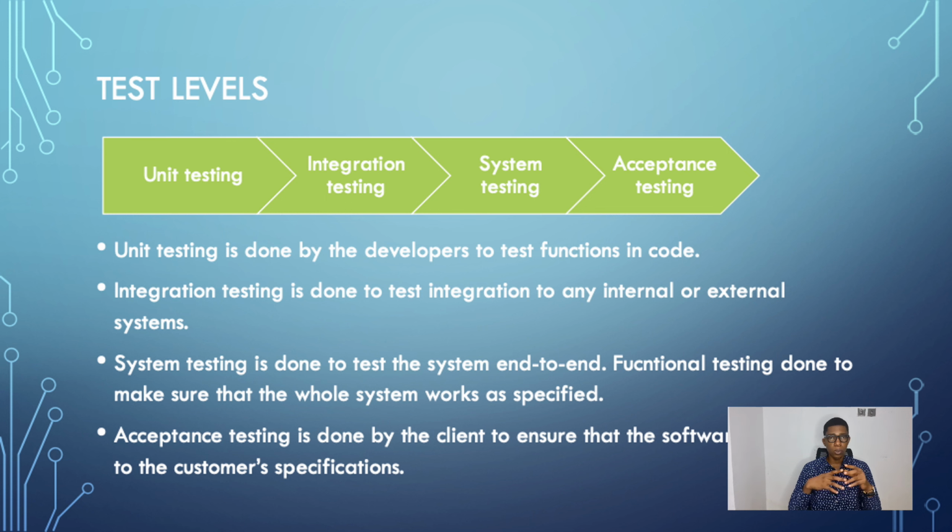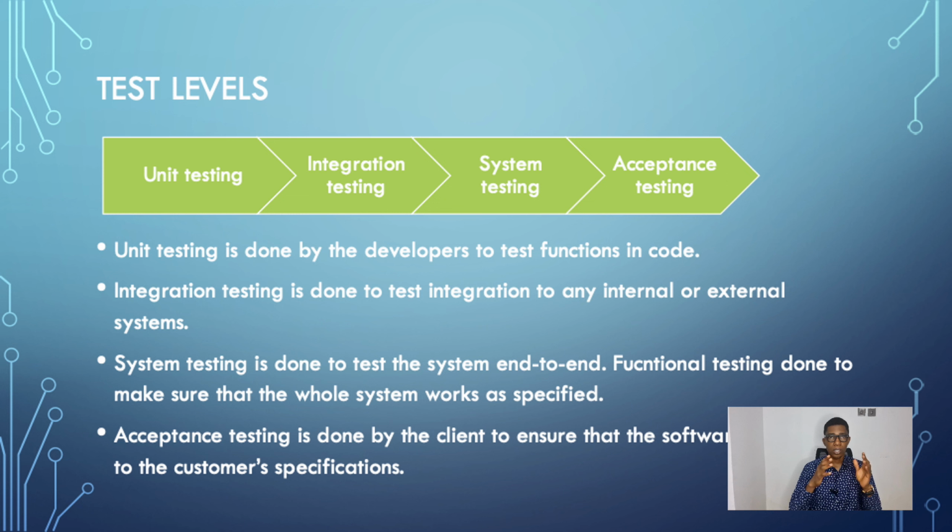Now we go to the third level, which will be system testing. At this level, you test the entire system. It's also called end-to-end testing. You test the entire system, inclusive of the integrations, the components, everything. You ensure that the entire system is functioning properly. You test it end to end, front to back, beginning to the end.